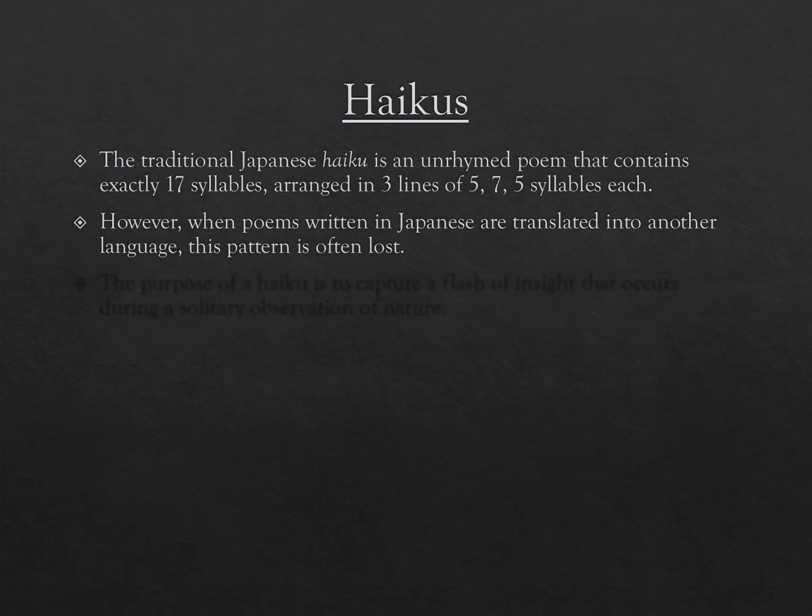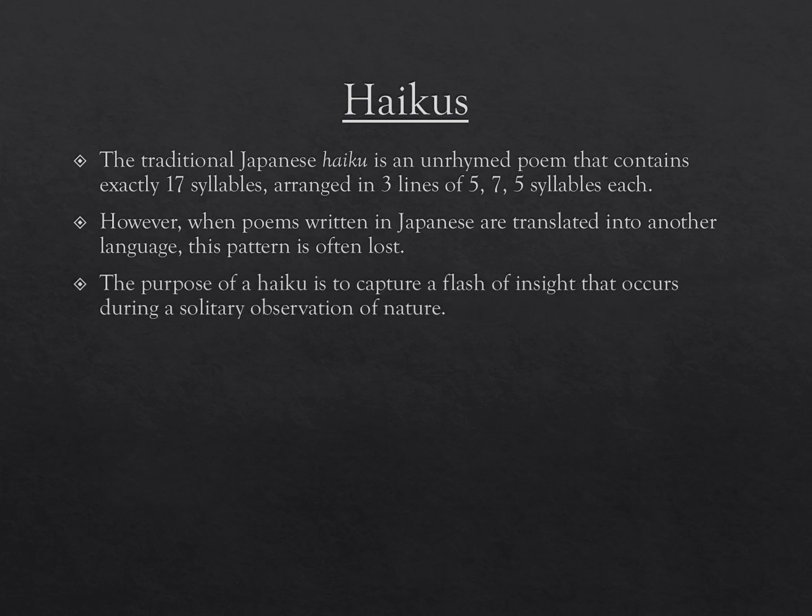However, when poems written in Japanese are translated into another language, this pattern is often lost. The purpose of a haiku is to capture a flash of insight that occurs during a solitary observation of nature.